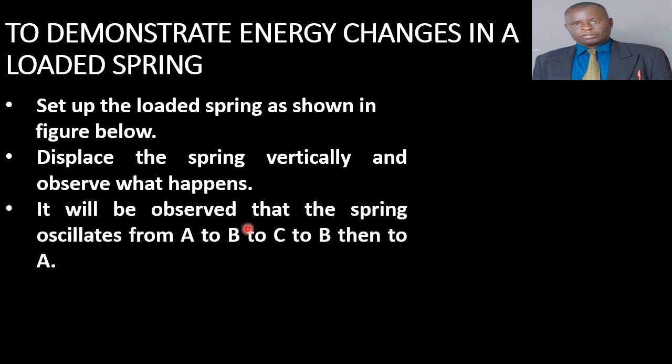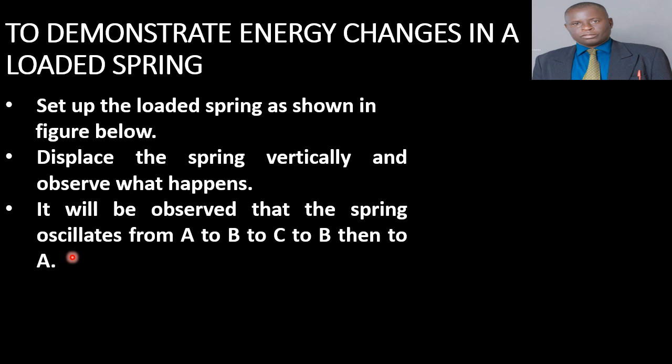The spring will be observed to oscillate from point A to B to C, then back to B, and then back to A. As it is doing that, its energy is changing.